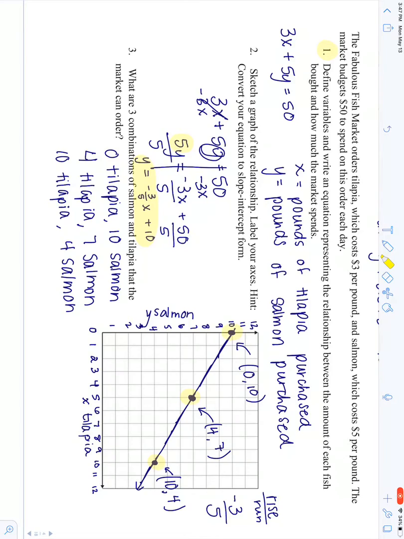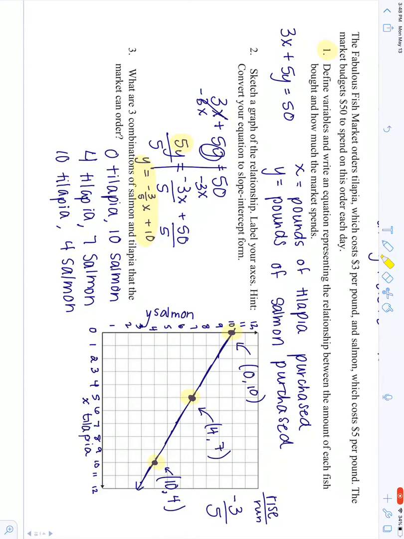Because based on 3x plus 5y equals 50, we can guess and check and kind of plug in numbers and see what works, but our graph really makes it clear what points make this equation true. And we found 3 points just by looking at our graph, which is pretty cool.